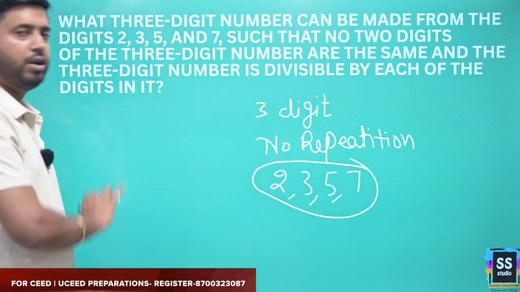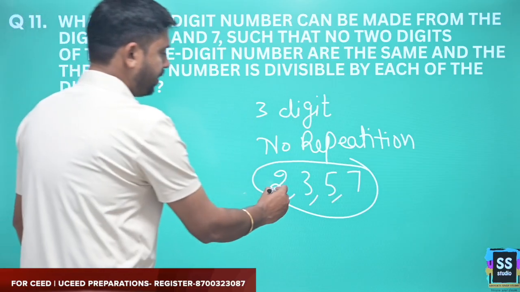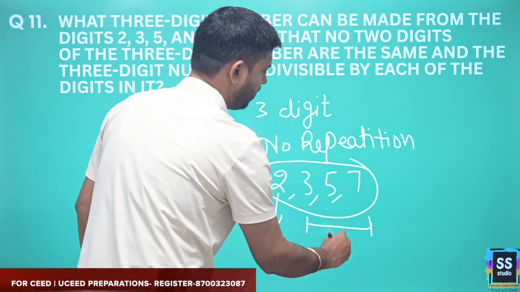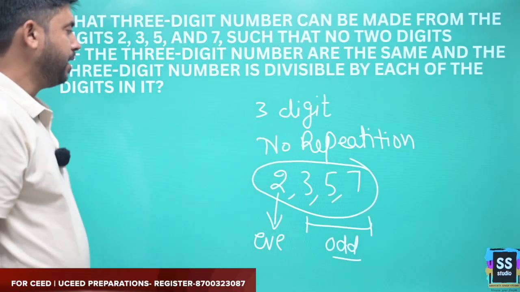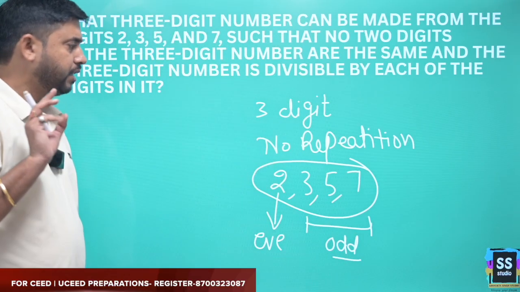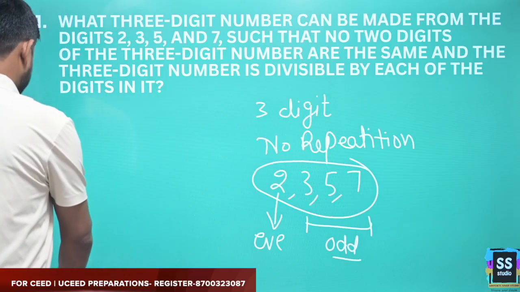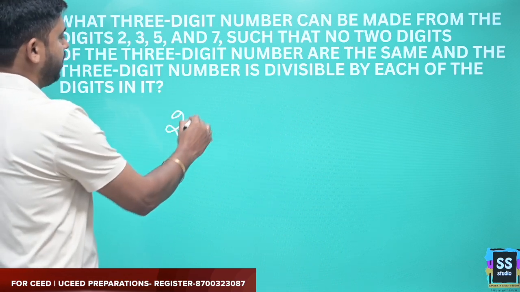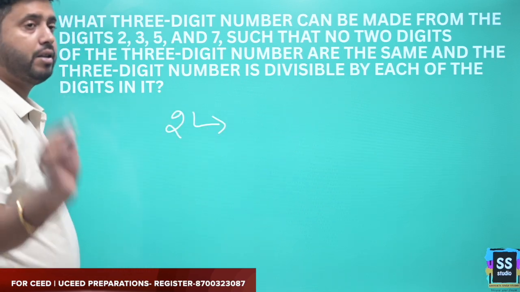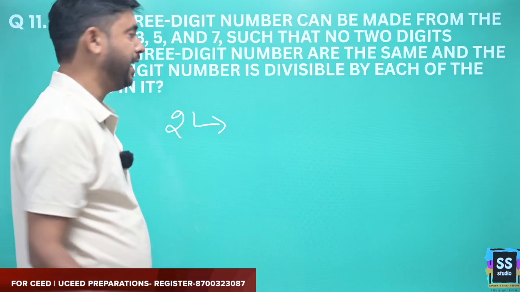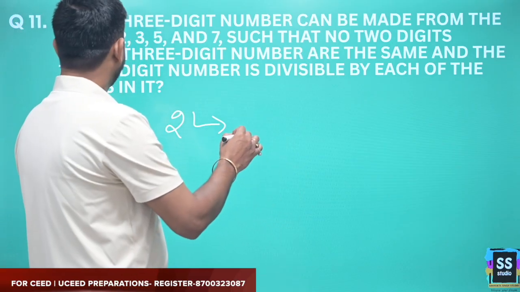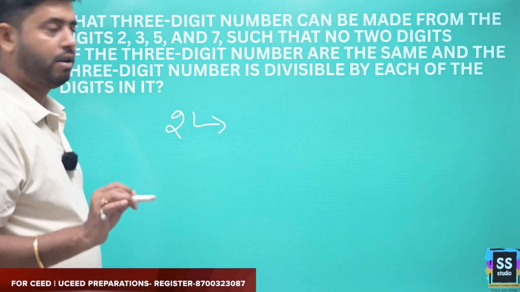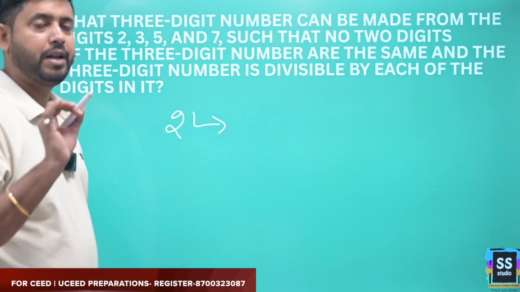Now out of these 4 numbers, you can see that this is an even number, and the rest all 3 are odd numbers. Clear? Now we have to make a 3-digit number out of it. So how to do that? The very first thing, we take number 2. Now the divisibility rule of 2 says that the unit digit or the last digit should be 2, or divisible by 2.